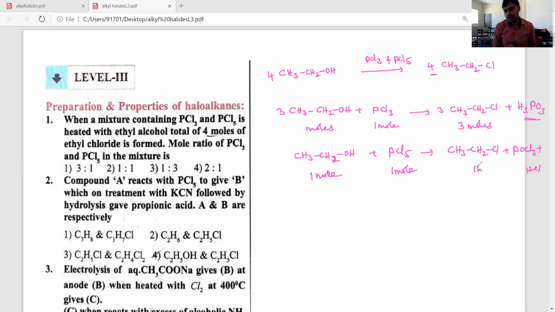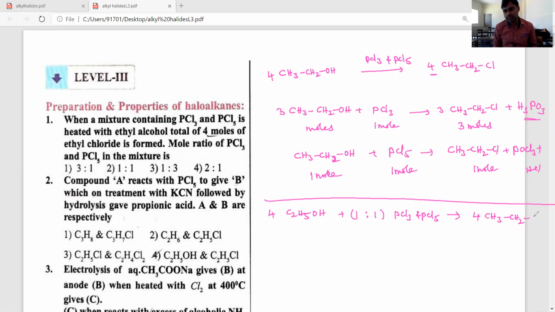So if you observe, a total of 4 moles of alcohol, C2H5OH, reacts with PCl3 and PCl5 in a 1:1 ratio and forms 4 moles of CH3CH2Cl.